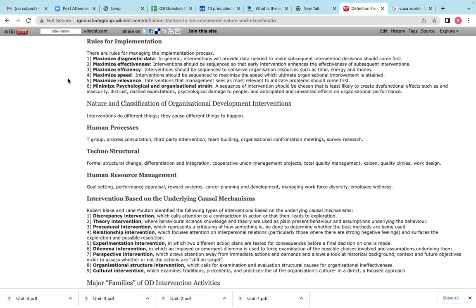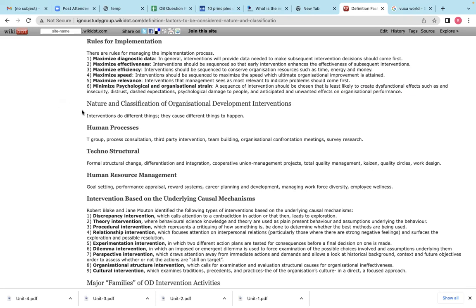We want to do it as soon as possible, and we want to do something with relevance so that everybody can relate to how relevant it is to them. And we don't want to make people cry about it. So we want to minimize the psychological and organizational strain. So that is about the rules of implementation.